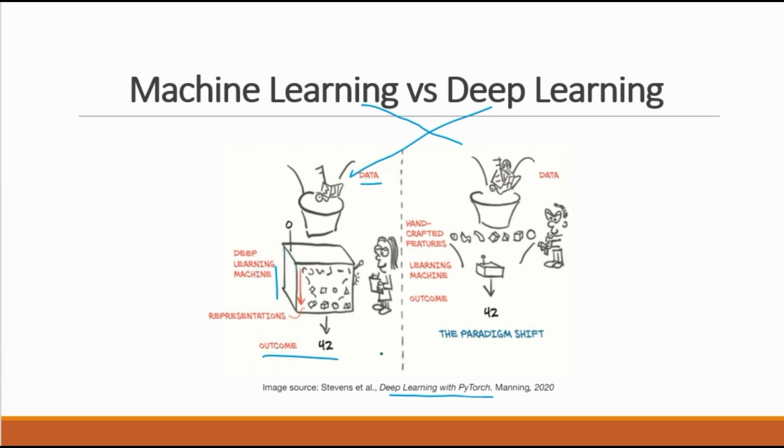And on the right hand side, this is the traditional workflow where you have a human extracting the feature from the data. So you have these handcrafted features that you then provide to the machine learning system and then do the predictions. So it's essentially highlighting the difference between unstructured and structured workflow or data sets. So the structured data would be this one here in the center, where you have the handcrafted features.